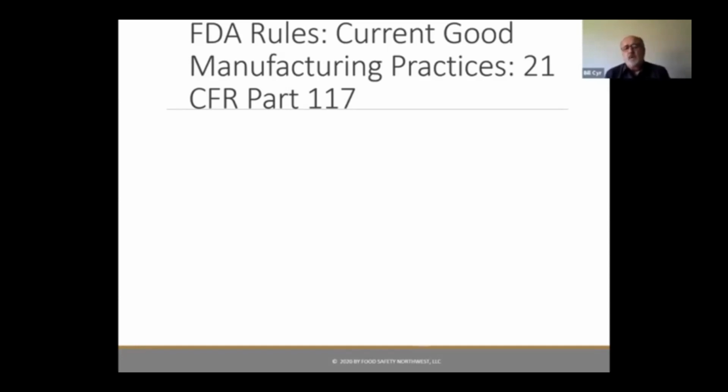It's a top-down program, so management pushes the program down into the different functional groups of the company: into your manufacturing group, into your receiving and shipping areas, into your sanitation department, and even R&D has responsibility as they develop and create product formulas. Then they need to vet the manufacturers.